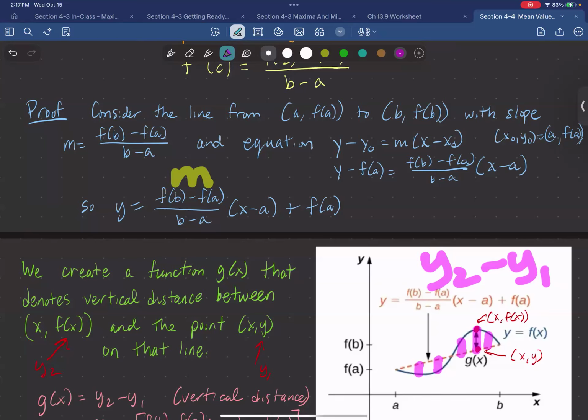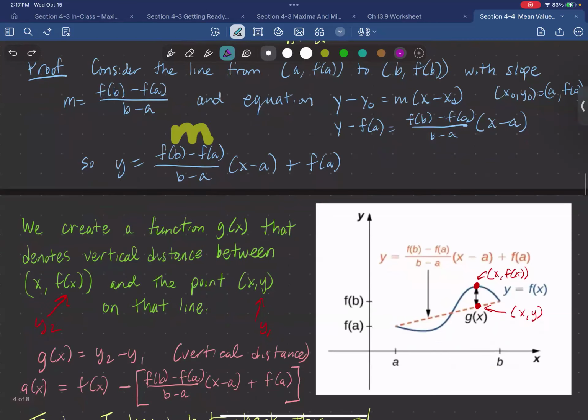So what we're going to do is we call the point on our y equals f of x curve x, f of x, and for our line, g of x will use some x, y. So I've got x, f of x, that's my y2. Y2 is my x, f of x, y1 is x, y.